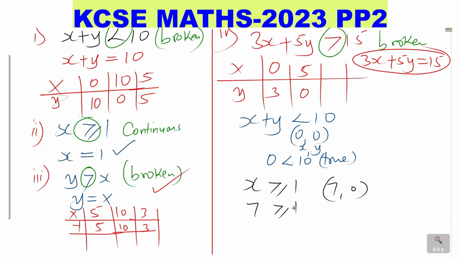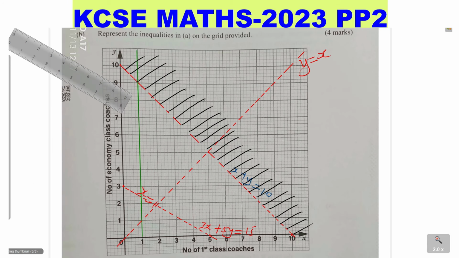You can see it is satisfied: 7 is greater than or equal to 1. So the right hand side of that line satisfies x is greater than or equal to 1. Automatically the left hand side is the unwanted side, so we shade the left side of that line.